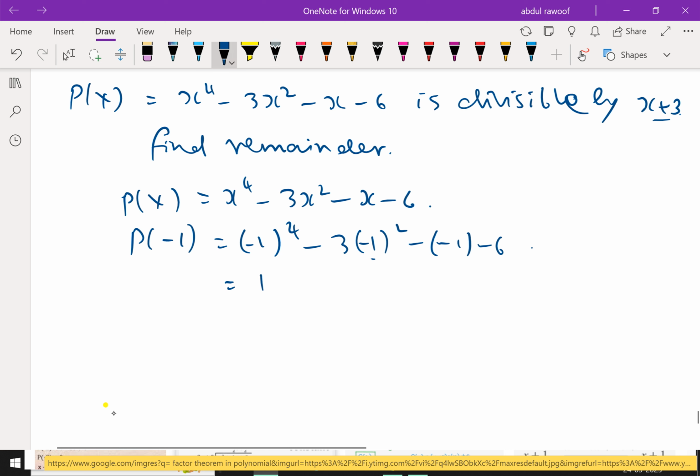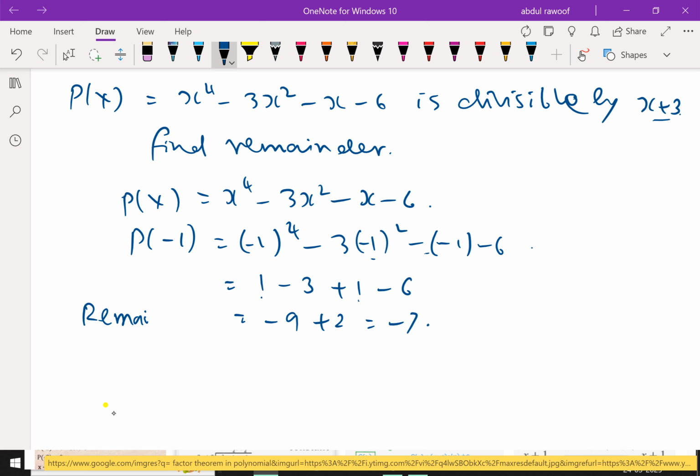Here the square is also an even power, so minus 3 into 1 is minus 3. Minus 1 into minus 1 is plus 1, minus 6. The positives are 1 plus 1, which is 2, then the negatives give minus 9, so minus 9 plus 2 equals minus 7. Therefore, the remainder is minus 7.